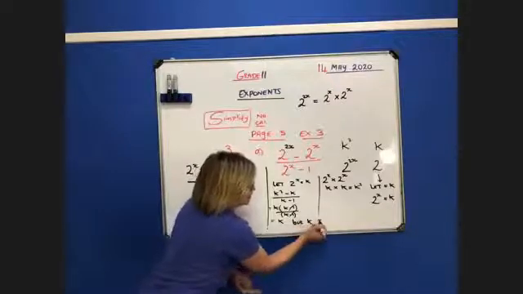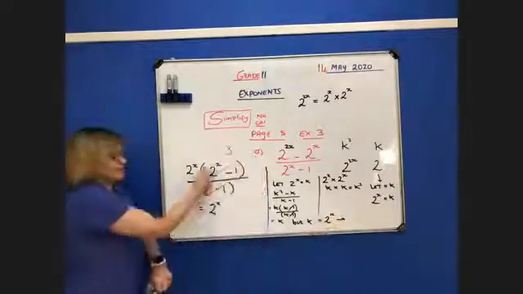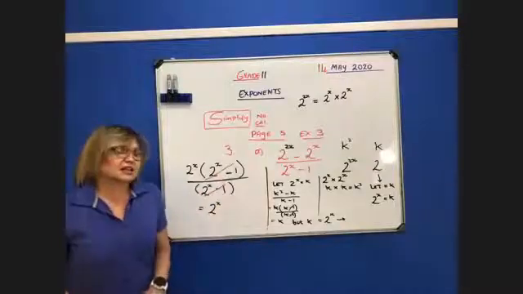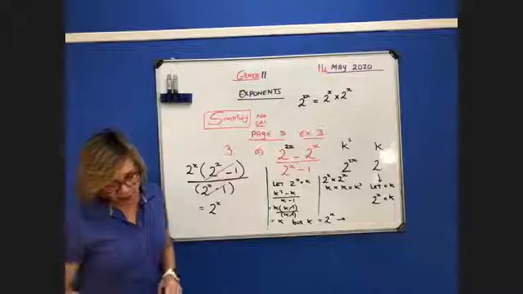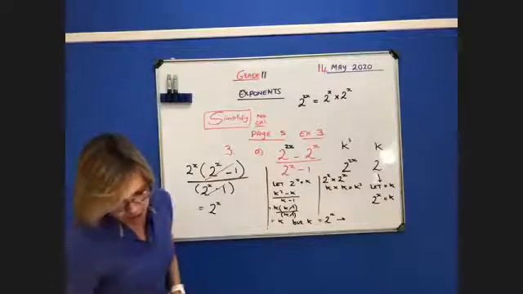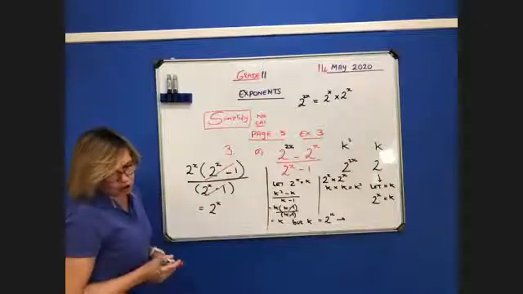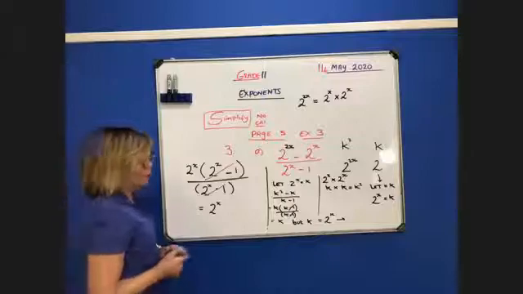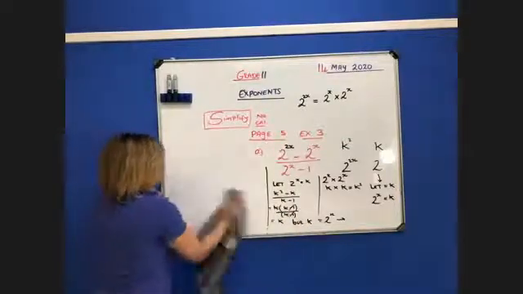K equals 2 to the x. So I don't mind which way you do that, as long as you get the answer. Sometimes you are going to find it is easier to use the k method. All right, let's look at a few more examples.